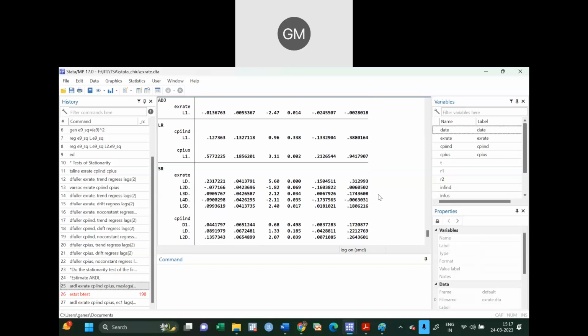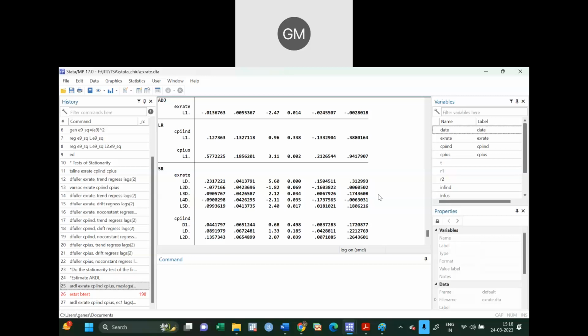Just one question, Ganesh here. In the result part, in the long run case, what is the interpretation of the coefficient of CPI India? Does it give elasticity? No, it just gives the percentage change because we have not captured the variables in log. If it had been captured in log, then it would have given the elasticity.